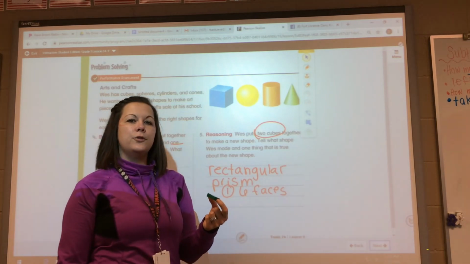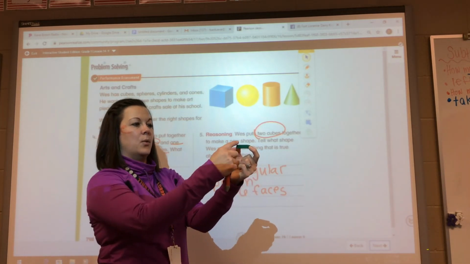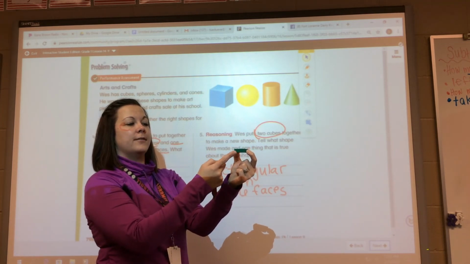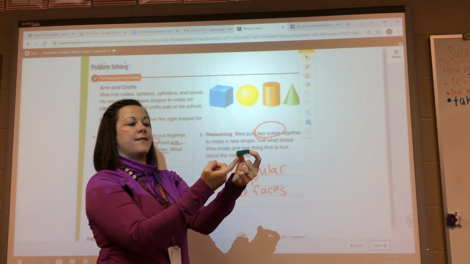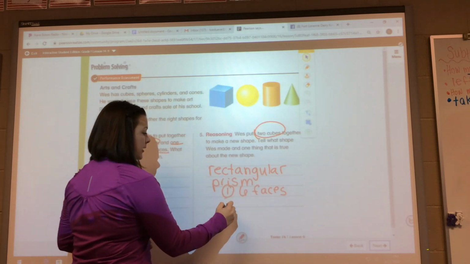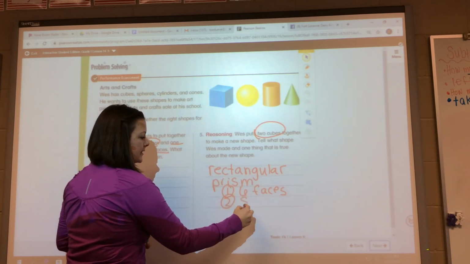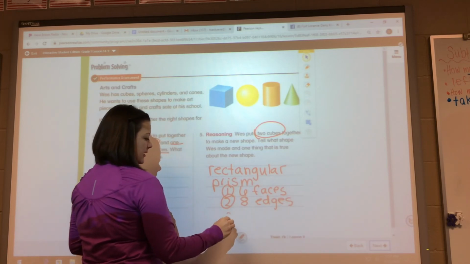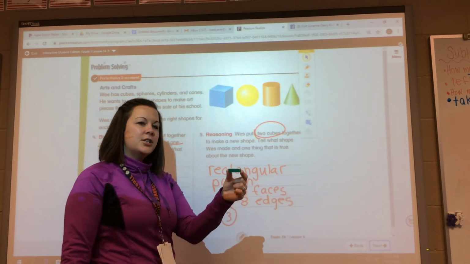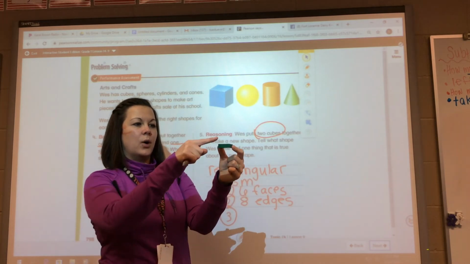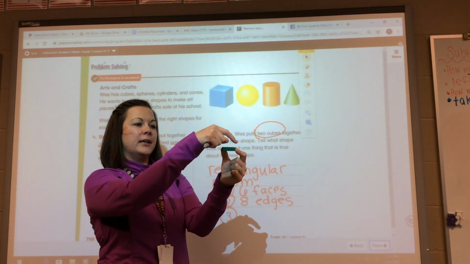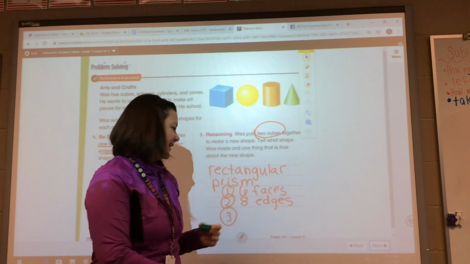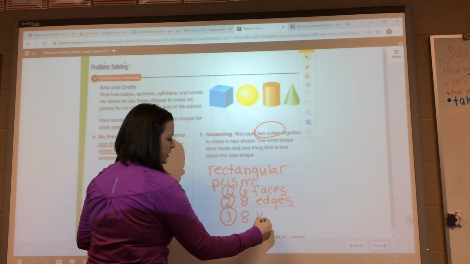Let's go ahead and review the edges. 1, 2, 3, 4, 5, 6, 7, 8. So another fact we know is that it has 8 edges. And let's talk about the vertices. 1, 2, 3, 4, 5, 6, 7, 8. And 8 vertices.